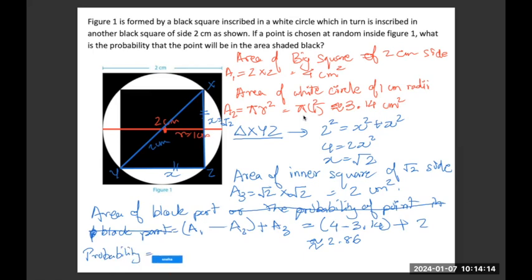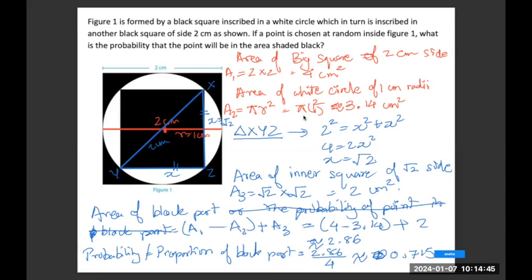We have to find the probability, or the proportion, of the black part, which is equal to 2.86 upon the total area, which is 4, which will approximately equal 0.715. So the required probability that we are looking for, which is the proportion of the black square, is 0.715.